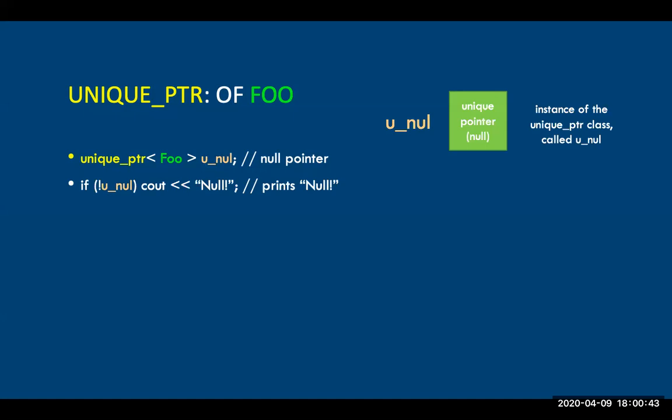So I can test for null if I want. I can also now create a unique pointer that is not null by feeding it a pointer to an instance of Foo. And the way we have always learned to create instances of a class is to name the class and then pass in whatever arguments it has. So this is basically just invoking the constructor with the new in front of it, sufficient to get a pointer to that instance on the heap.